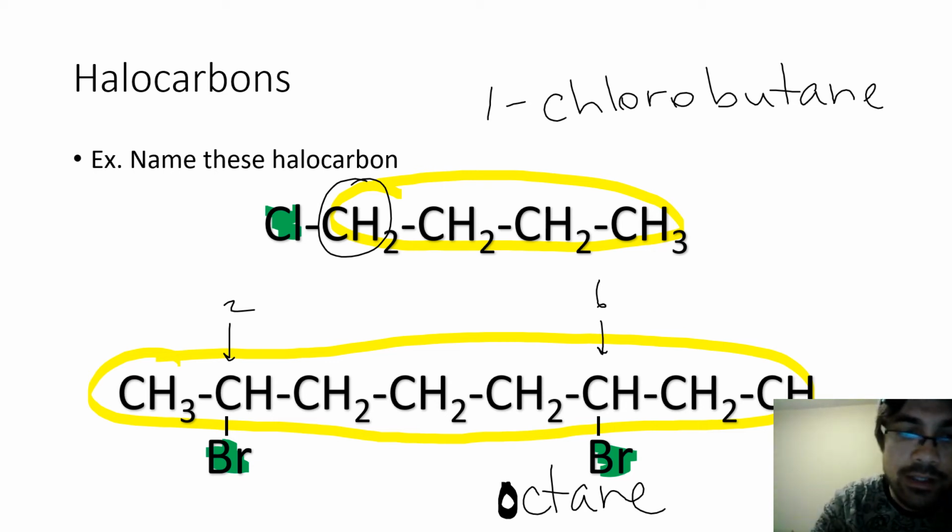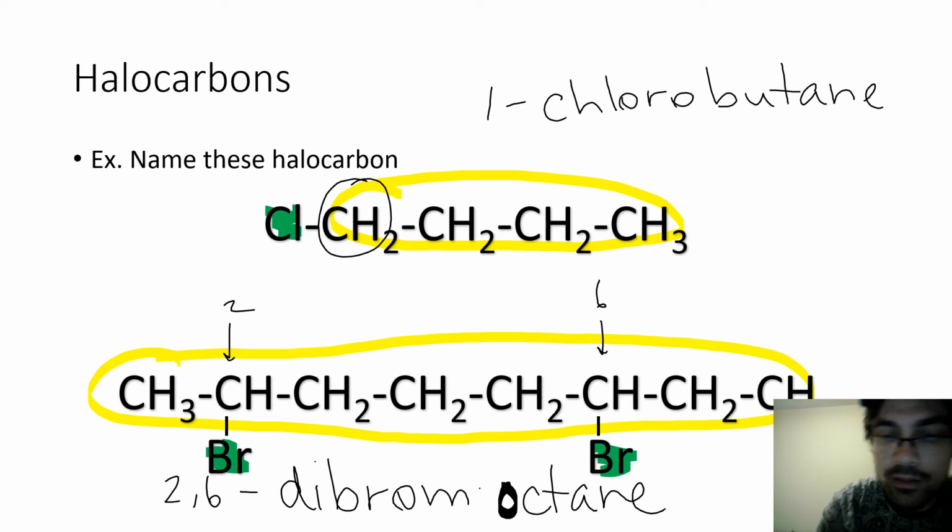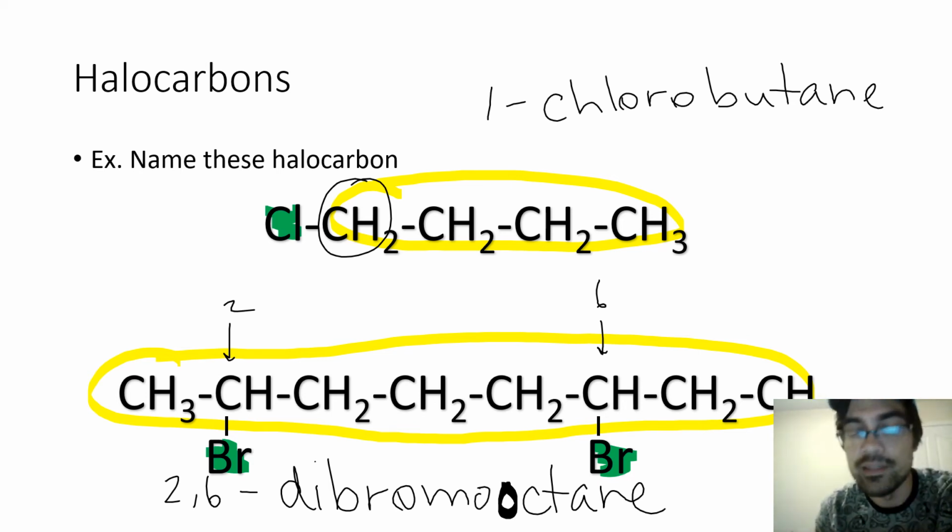Okay, so then the overall name is going to be 2,6-dibromooctane. Since it starts with an O, you don't need that second O, you don't need 2 of them. But it's there in case. But realistically, I would have just dropped it out. Okay?